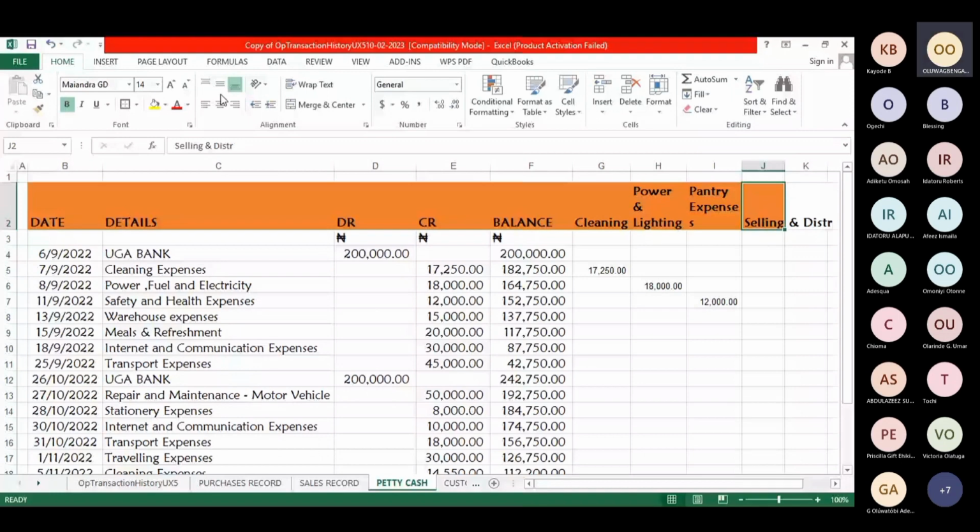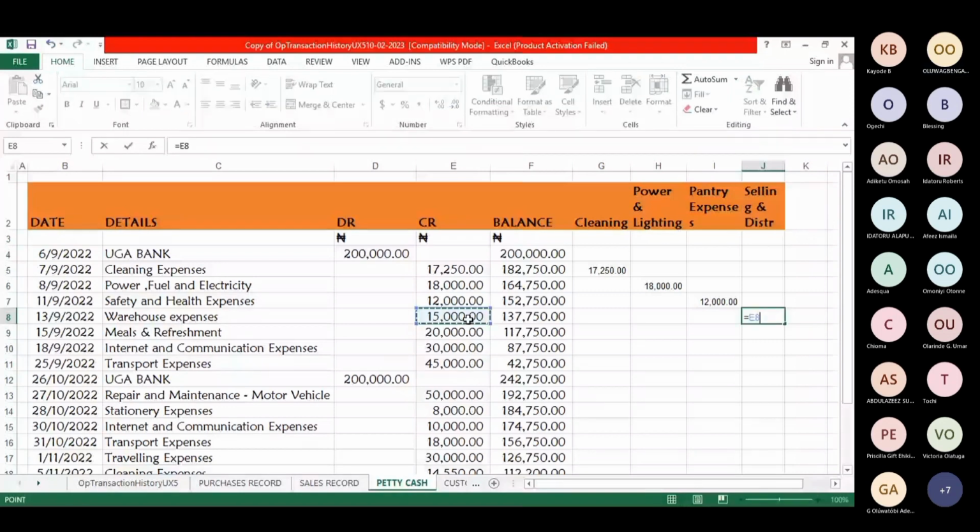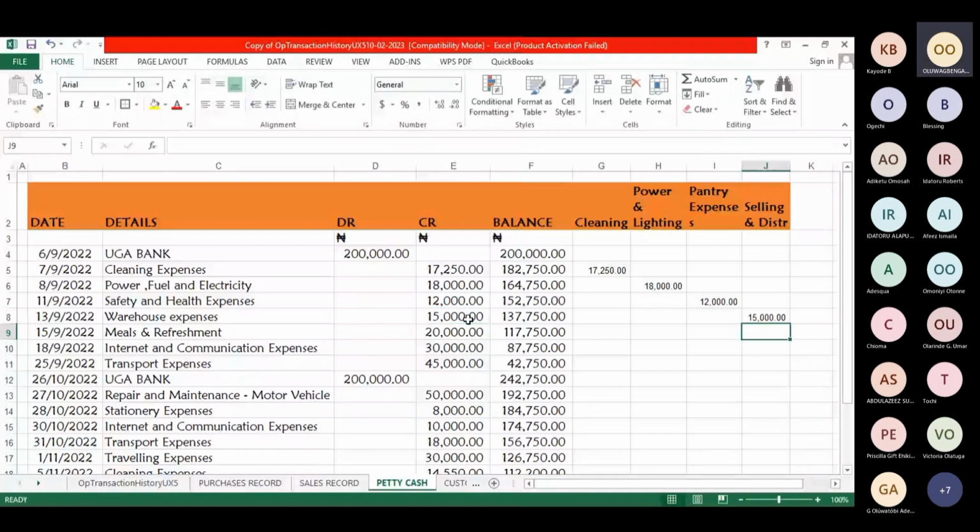Let me take it to be that. So it will form part of the selling and distribution expense. Meal and refreshments. From the bank statement, I think I have one meal and refreshment. So I'll come here and say meal.